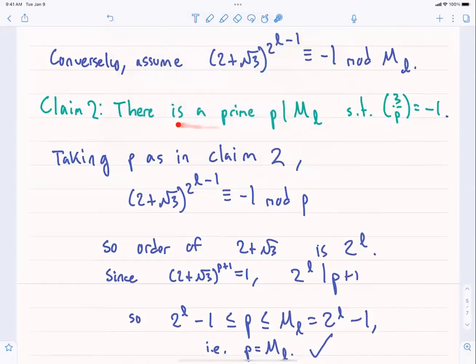If you believe this, then take such a prime p. Since p divides M_L, I get that 2 plus square root of 3 to the 2 to the L minus 1 is congruent to minus 1 mod p.